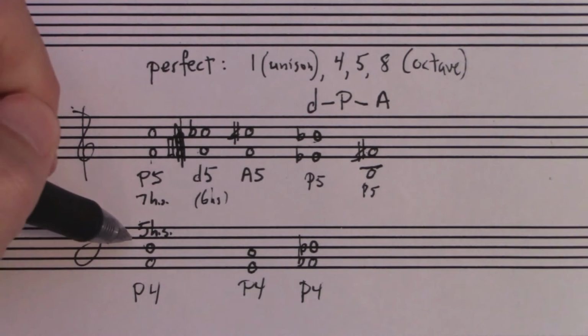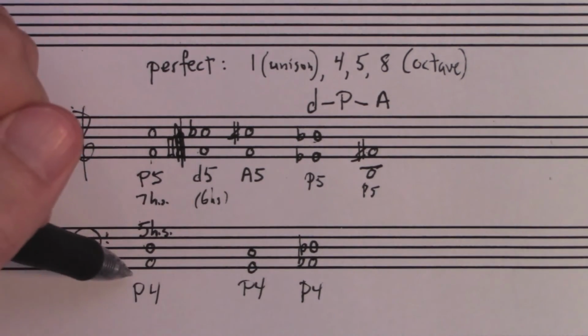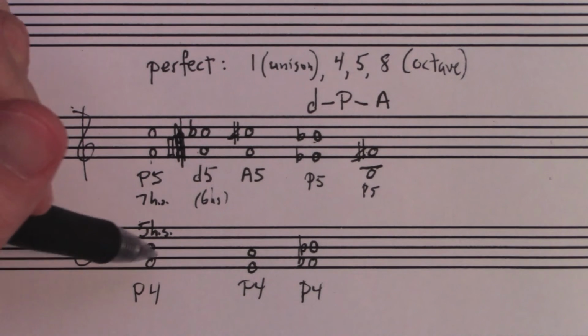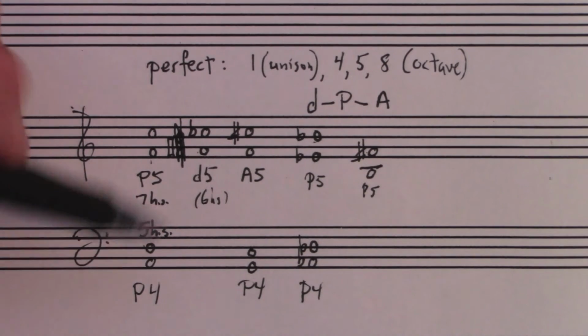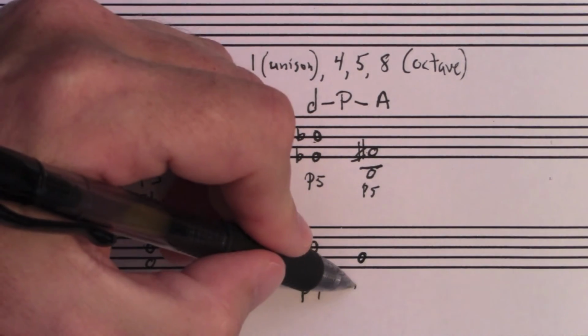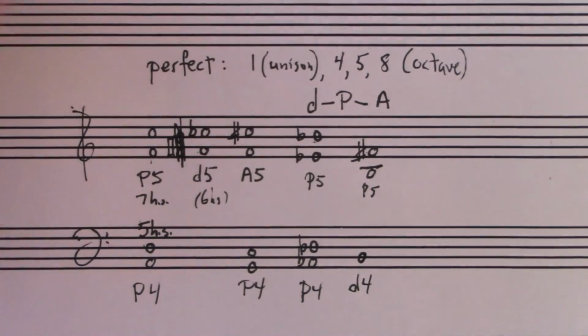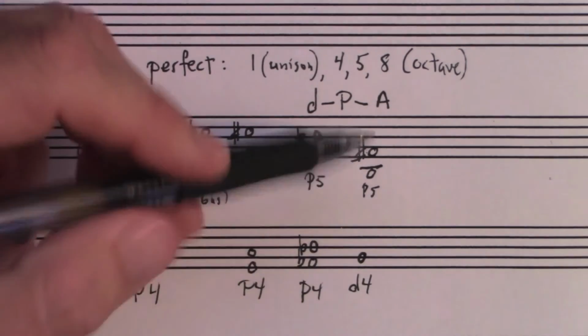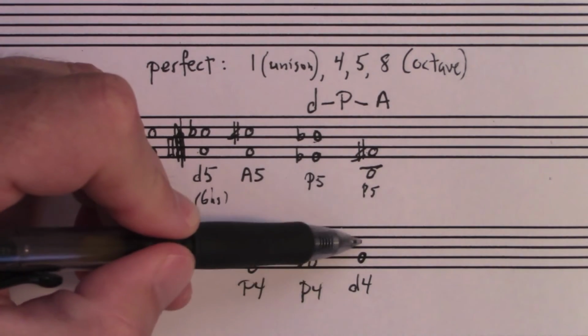So, perfect fourth is 5 half steps. How many half steps in a diminished fourth? Right, 4. 1 less. So, what if we want to write a diminished fourth above B? Step 1, get the letter.